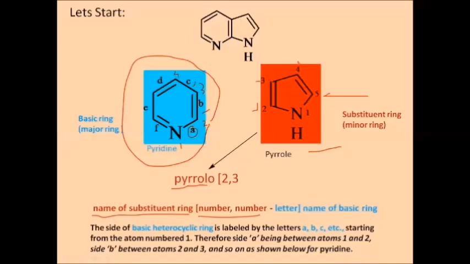This bond is involved in the fusion. And then we have to write b, the b bond of the basic ring, which is involved in fusion. So we write b and then pyridine, the name of the basic ring. So the IUPAC name of this fused heterocyclic ring will be pyrrolo[2,3-b]pyridine.